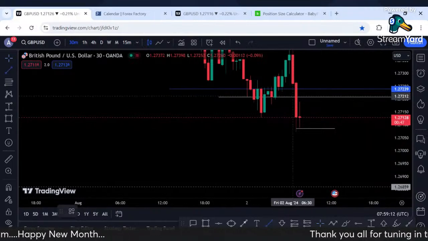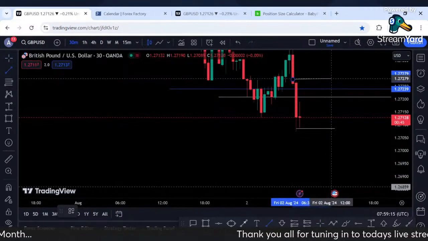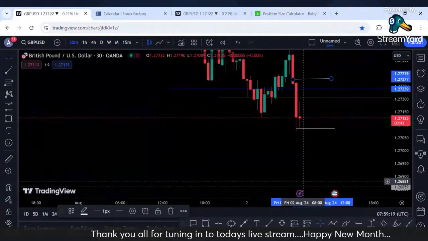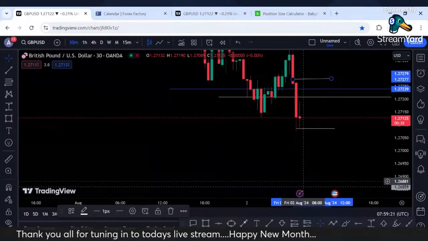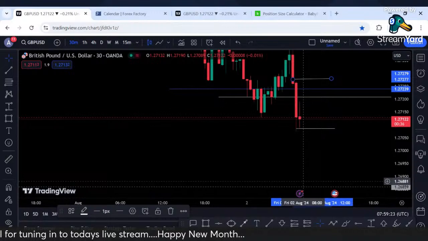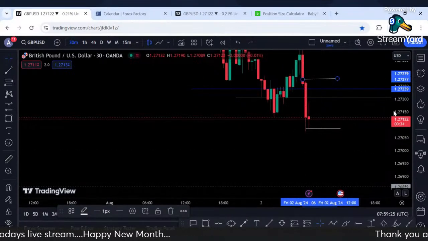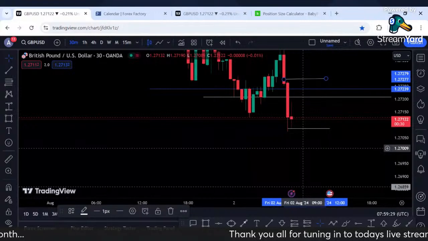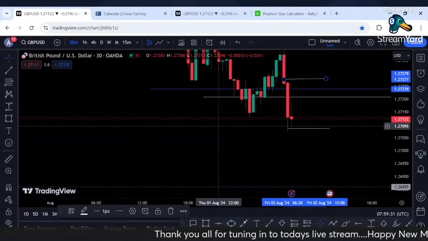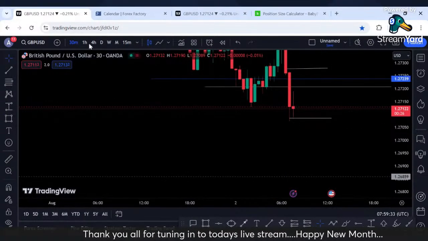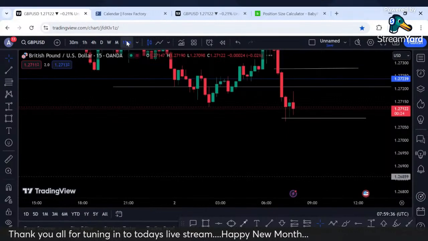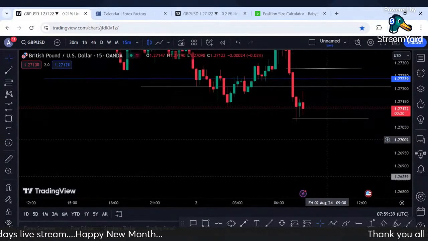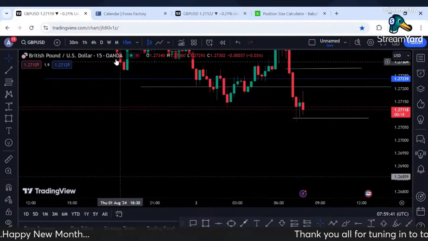So the stop loss will be here, if it flips bearish, because the 50 minutes is looking good.